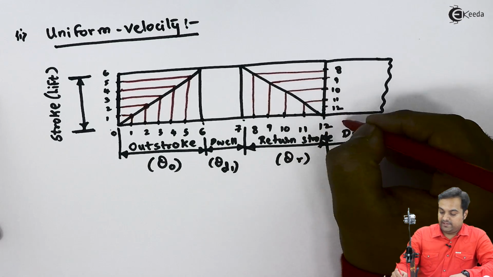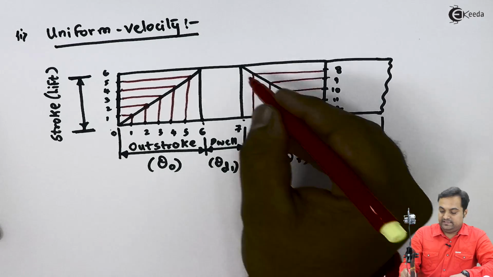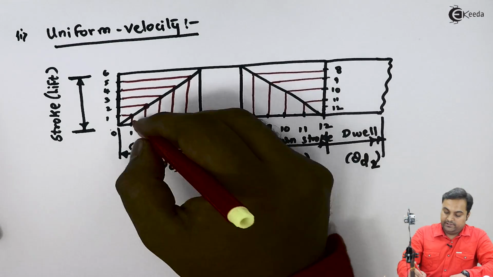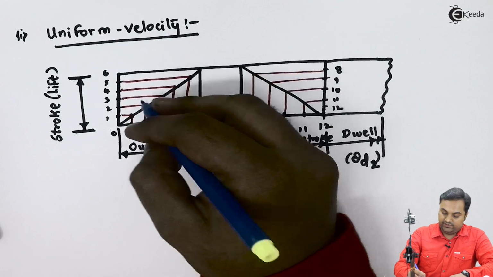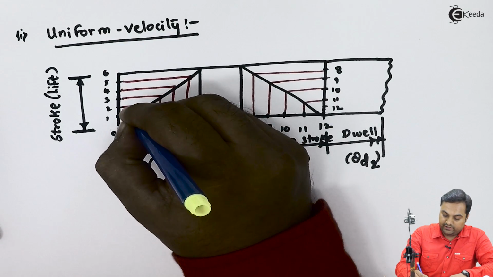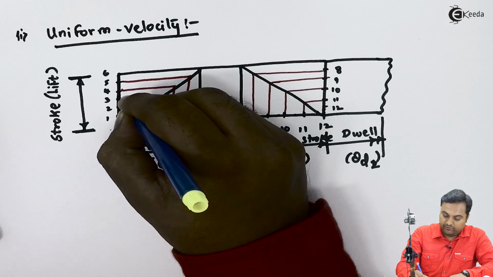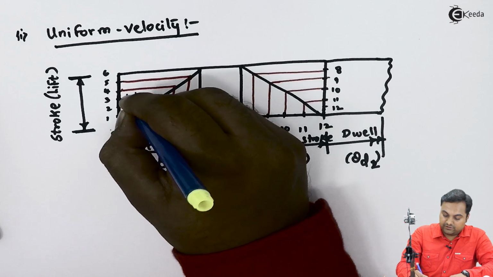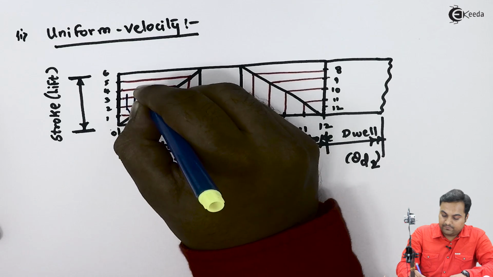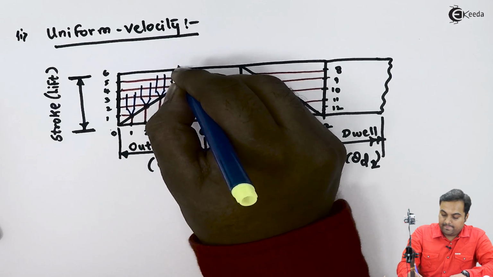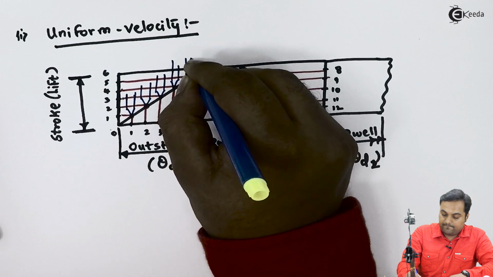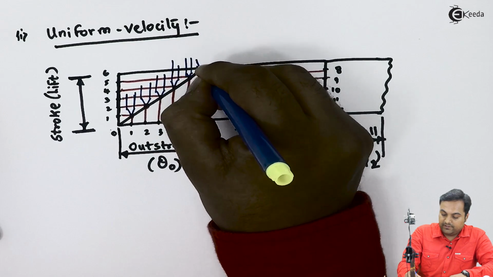So here we again get a downward direction, that is the return of the follower. In the outstroke, the follower moves upward. If we consider the knife edge follower, it would be at the first location, then move up, then again up, and finally reach up to here.